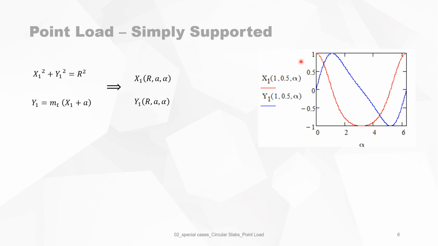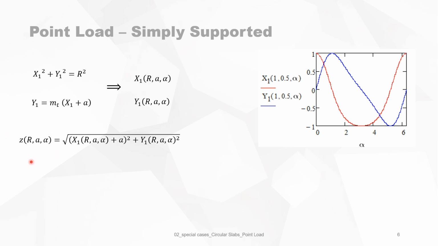You see, for instance, for x1, it follows this line, and for y1, it goes like that. So for each sector of the slab, you have in fact another formula for x1, or you have to correct the formula for each one. So this is getting a very lengthy, non-closed formulation of x1, y1. That's why we keep it like this.